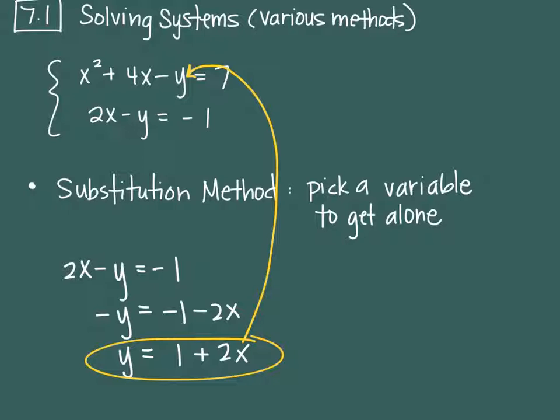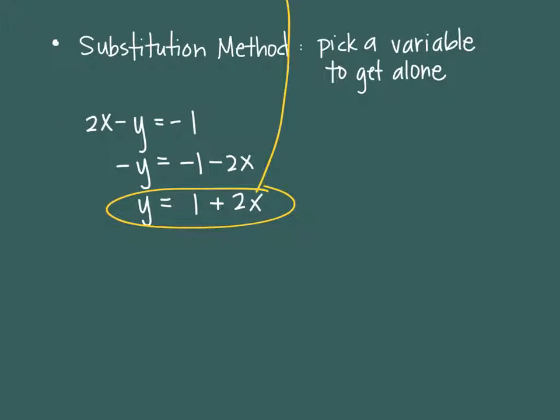But be careful, what's right in front of that y? A negative sign. So when you make your substitution back in, you're going to want to use parentheses. So that'll be x squared plus 4x minus, and then in parentheses the 1 plus 2x is what you're substituting in. And that's equal to 7.